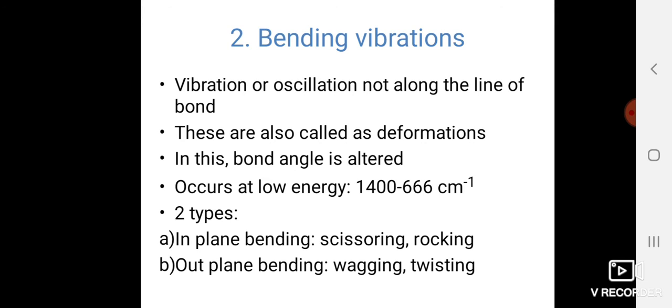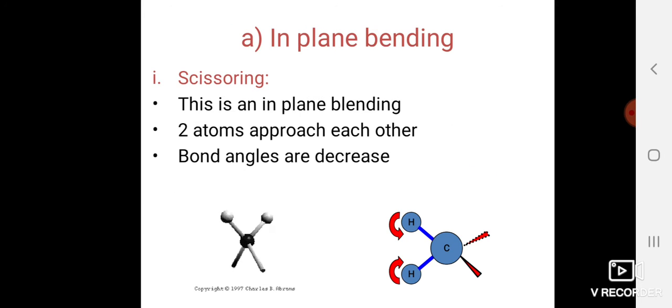And when you see the bending vibrations, there are two types: in plane and out of plane. In plane we come across scissoring and rocking, whereas out of plane we come across wagging and twisting.